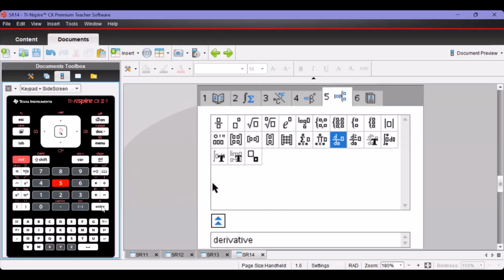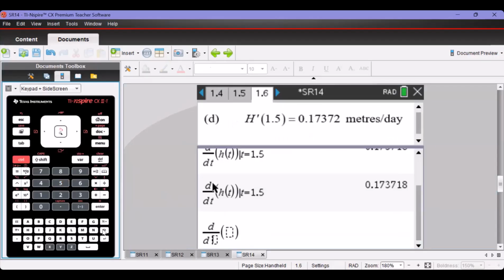It's slightly longer because what you have to do now is type in the t for the independent variable, and then navigation pad to the right to type in h of t, and then navigation pad to the right outside there.